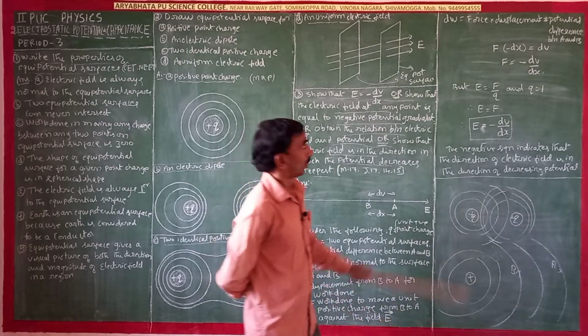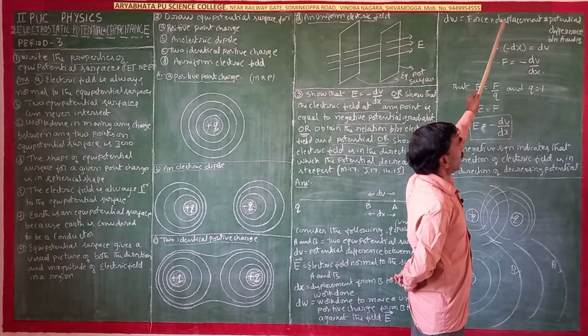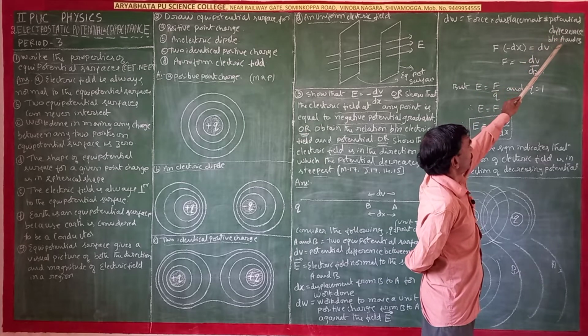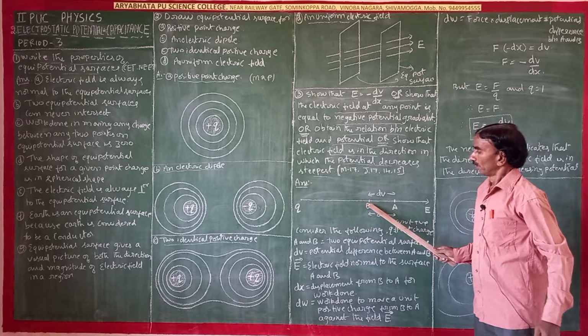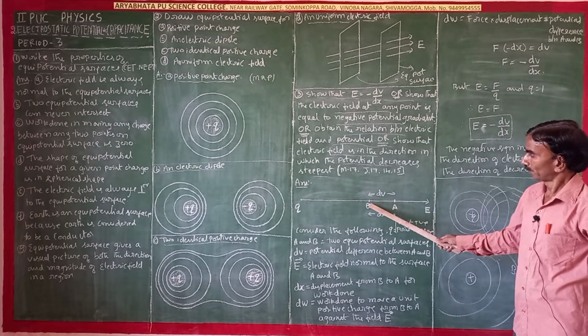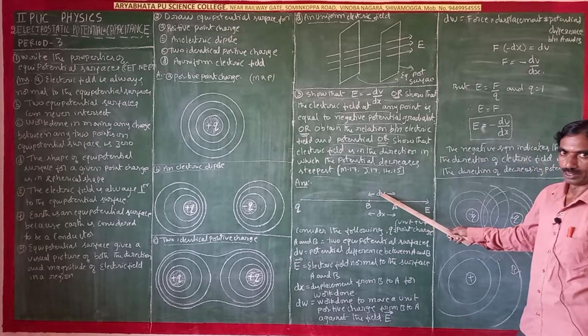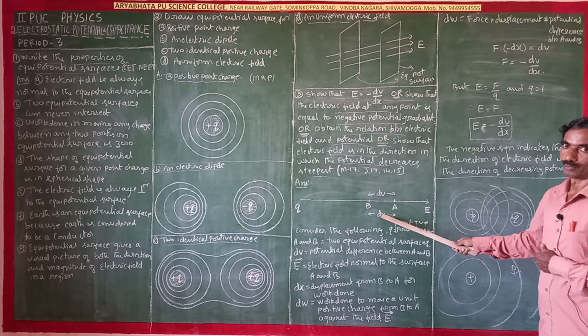Next, we know dW, the work done, is equal to force into displacement, and that is equal to the potential difference between A and B. So dW, the work done to move the charge from B to A, is equal to the potential difference dV. The distance is very small, so the displacement is also very small.